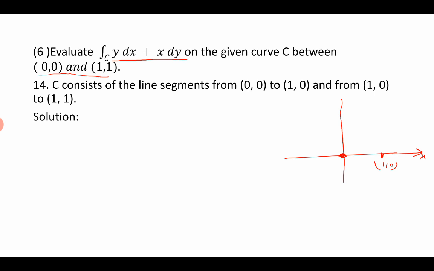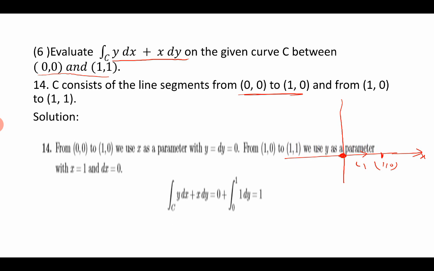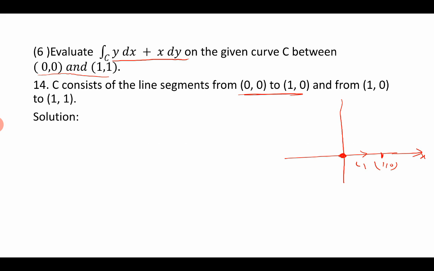From 0 0 to 1 0, first line segment, we call it C1. Second line segment from 1 0 to 1 1, 1 1 will be here, both sides 1, isn't it? So this is the second line segment, call it C2.